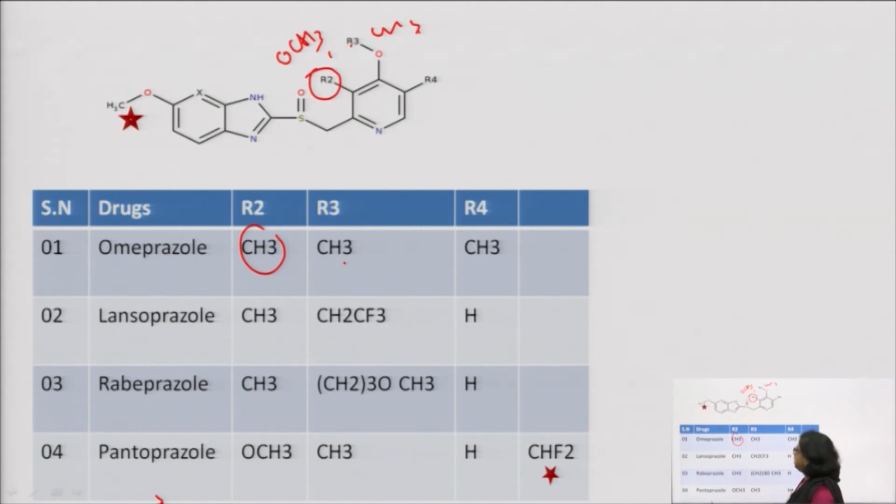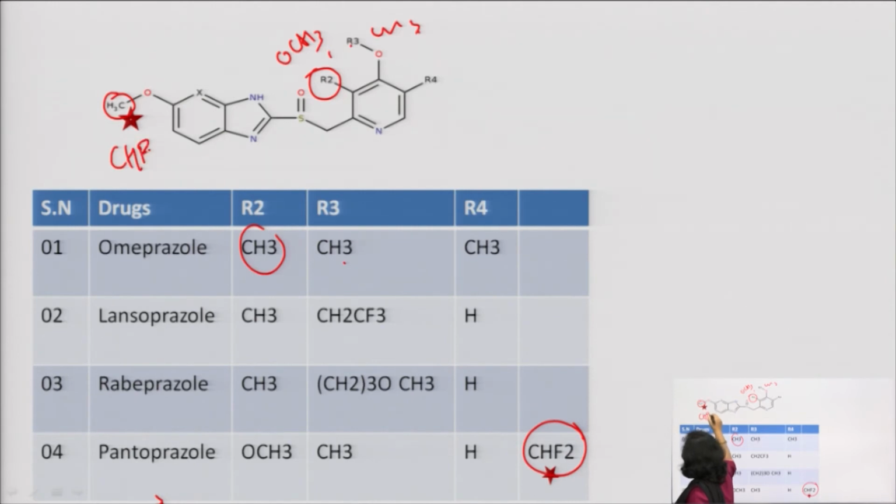Now, here you see the star, that is, methyl group is attached in omeprazole, lansoprazole and rabeprazole, but in the case of pantoprazole, here the structure will be CHF2, right.